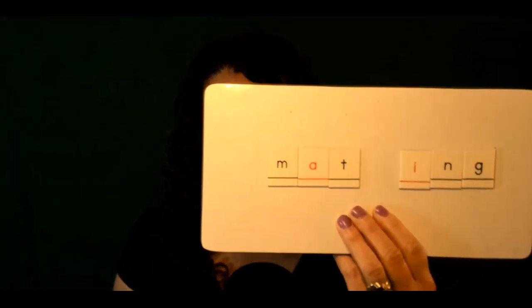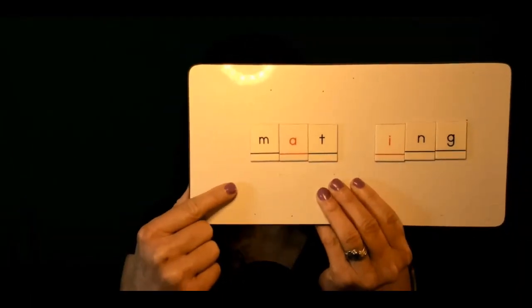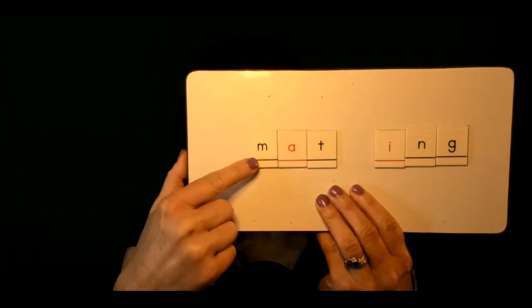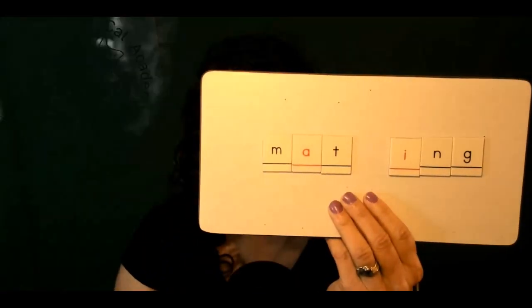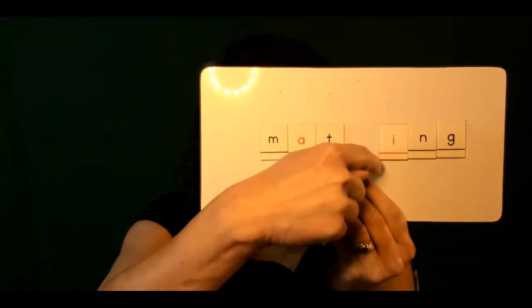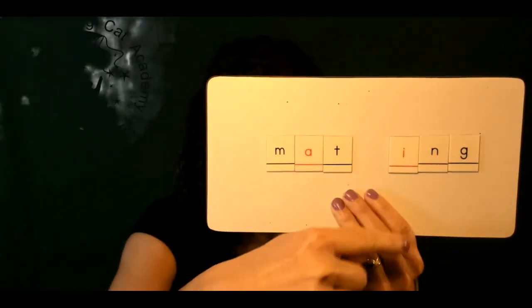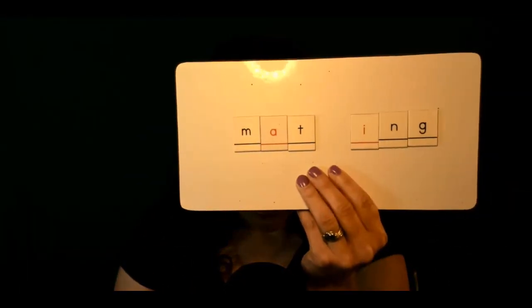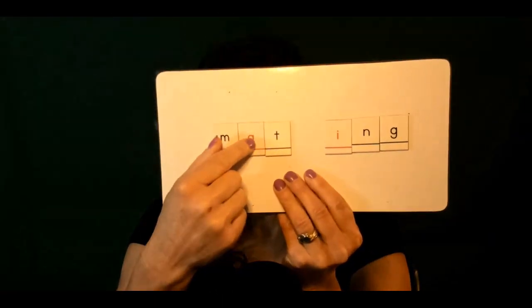So let's say that I have a base, and my base is M-A-T. Can you tap that one out and say it? We have at, mat. And I would like to turn this word into matting, so I'm going to add an ending. This ending is called a suffix ending, and it starts with the vowel I. So let's see if we can apply the 1-1-1 rule to this. Is mat 1 syllable?